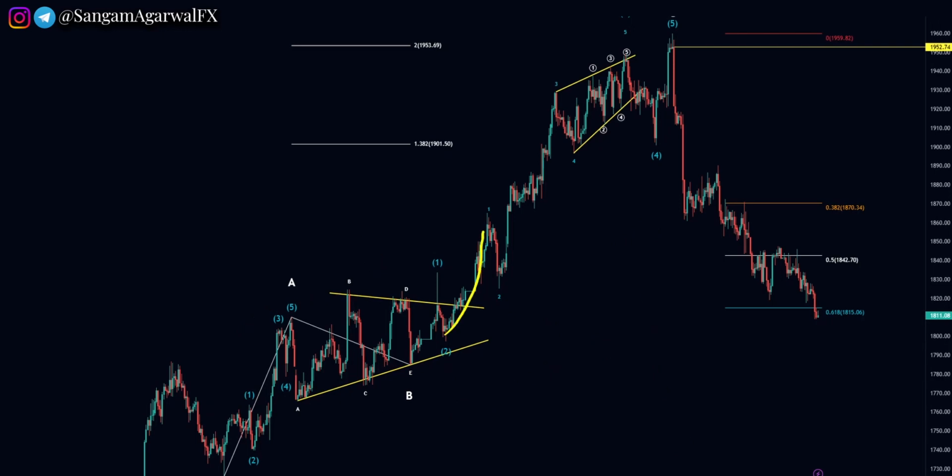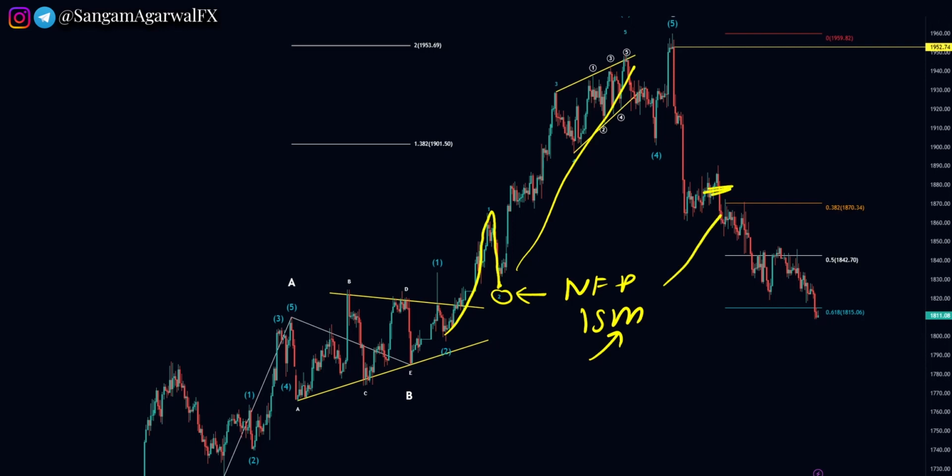And when that breakout came, when this low of wave 2 was made on a lower degree, all the economic indicators came one by one: NFP, ISM number, and the ISM number was the biggest thing, which was super bullish for gold. And the same ISM number right here near 1870 was bearish.